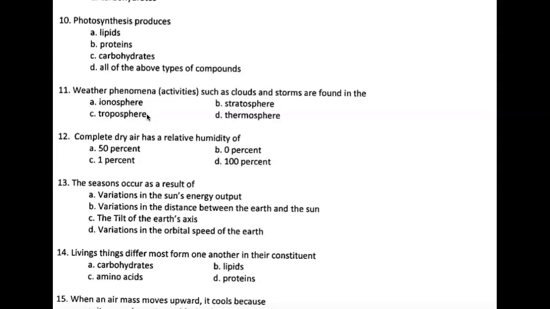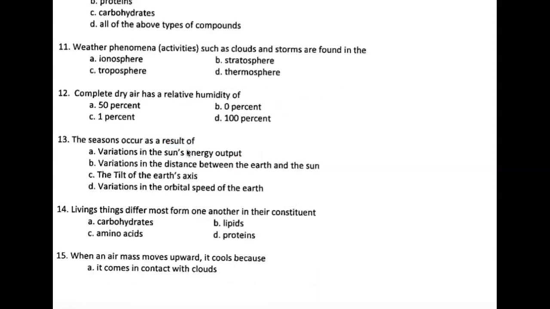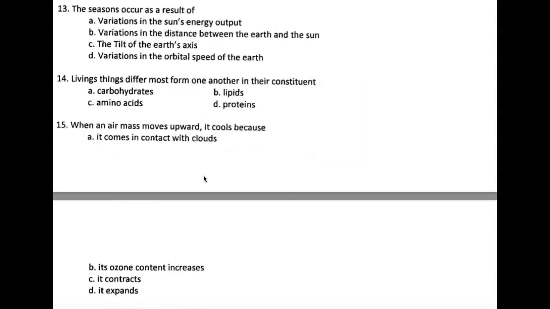12, completely dry air has a relative humidity of 0%. The seasons occur as a result of which phenomenon I said earlier? It is the tilt of the Earth's axis relative to direct sun rays, so it's C. Living things differ most from one another in their constituent proteins.